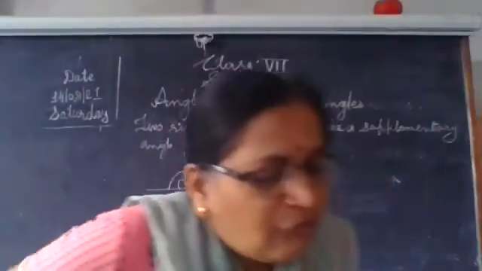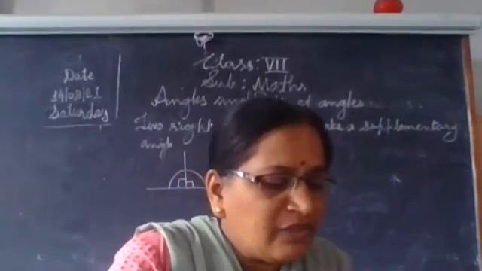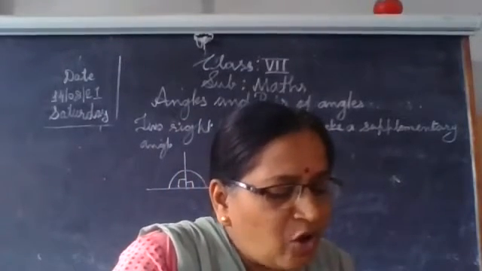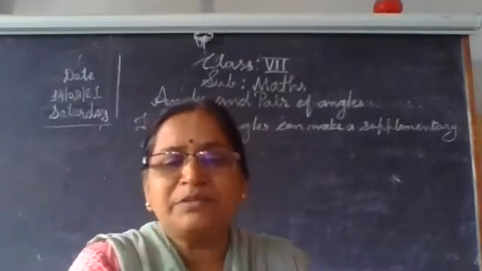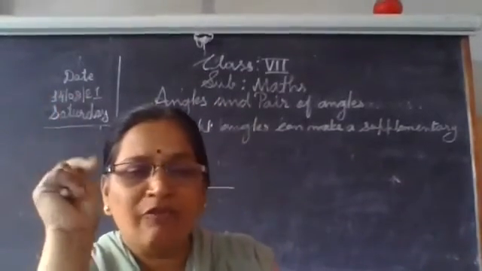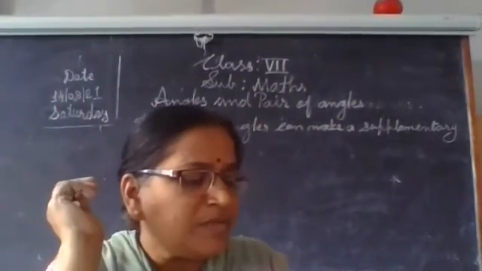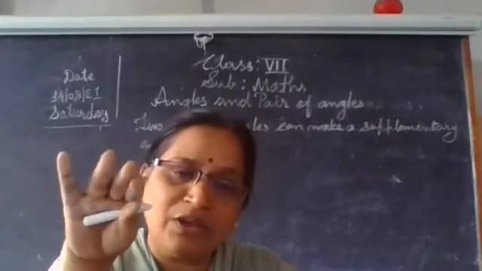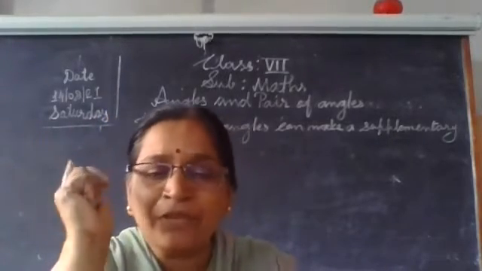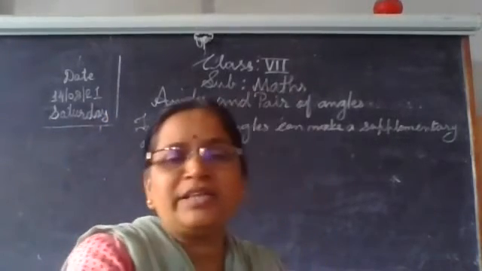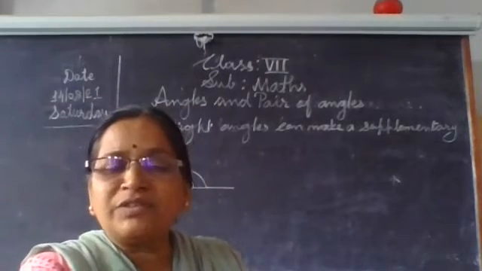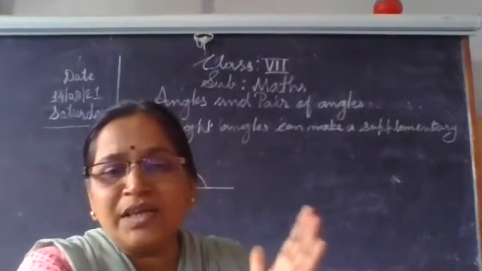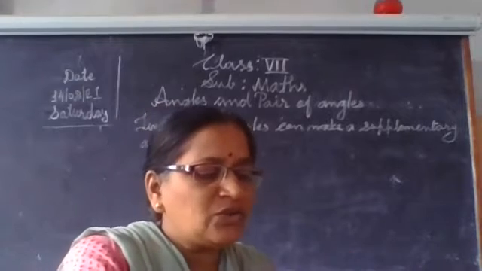Now the next: one acute angle and one obtuse angle can form a pair of supplementary angles. Supplementary angles means the sum is 180. So can you form a supplementary angle with one acute and one obtuse? Yes. Suppose one angle is 150 degrees, obtuse, and another is 30; 150 plus 30 is 180.